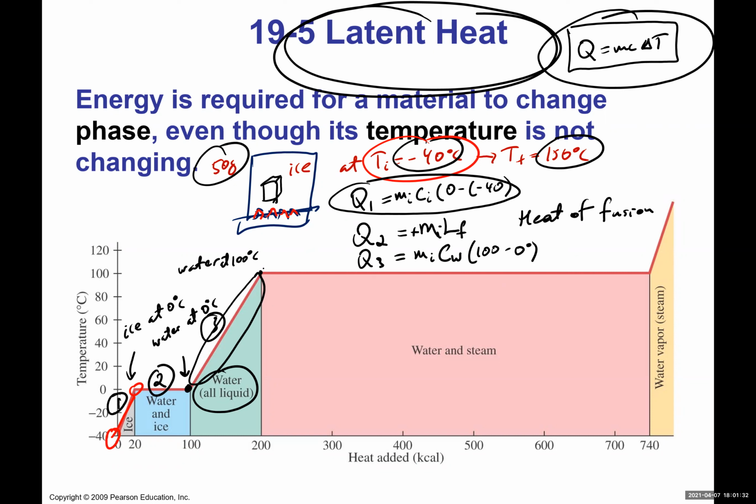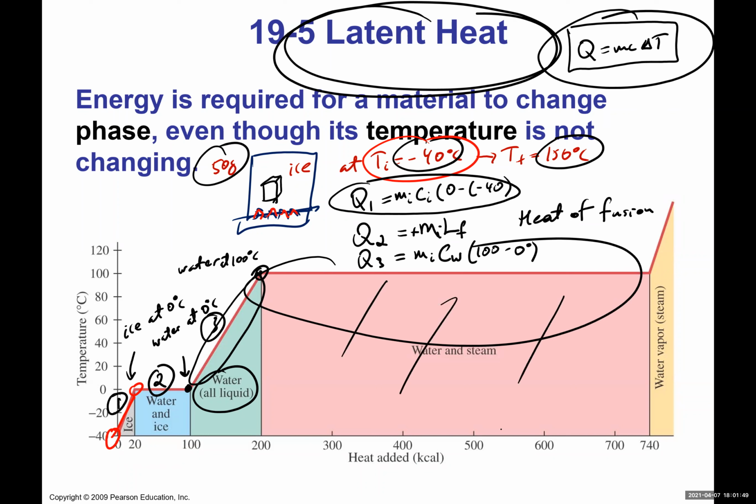Then we get here, where we have water at 100 degrees Celsius. In order to go from 100 to 150, we first need to evaporate all that liquid water. So this region represents water and steam. That means this is the point where liquid water and steam are in equilibrium.